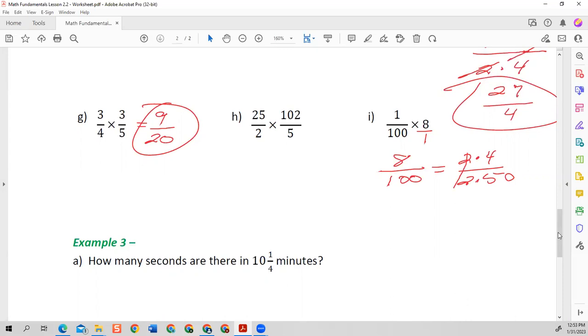That's a good question. So we can divide on the side, using long division or whatever you need to. But we do know that 4 is 2 times 2. And I know 50 is 2 times 25. It did reduce, but not by 4, but by 2. So now this becomes 1 times 2 over 25.